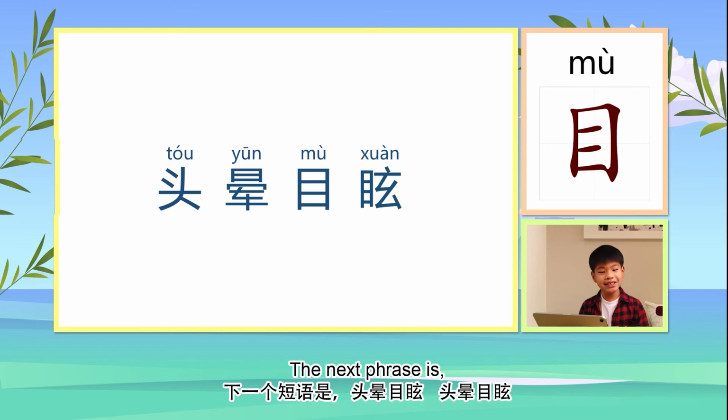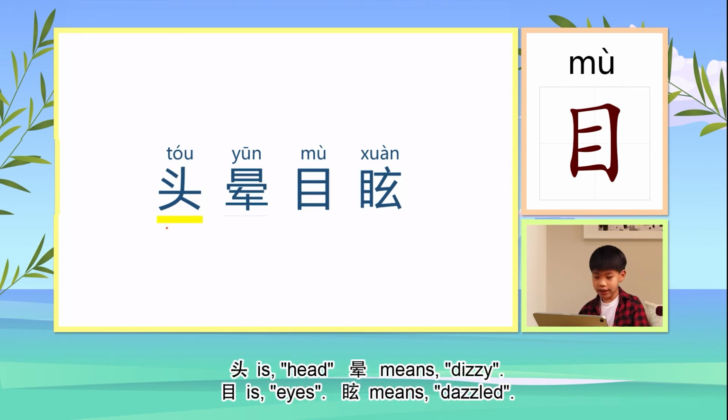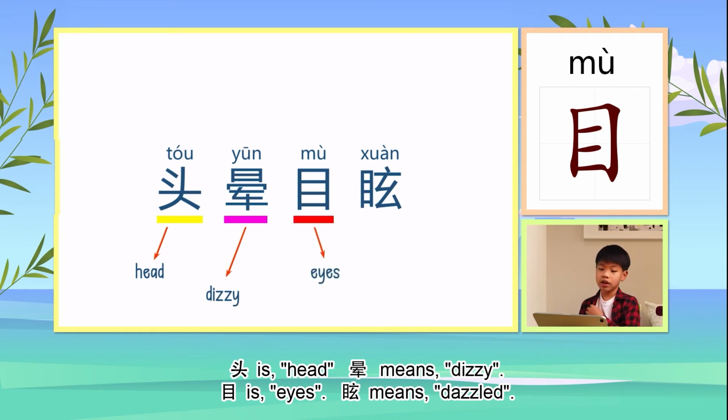The next phrase is 头晕目眩. 头 is head. 晕 is dizzy. 目 means eyes. 眩 means dazzled.